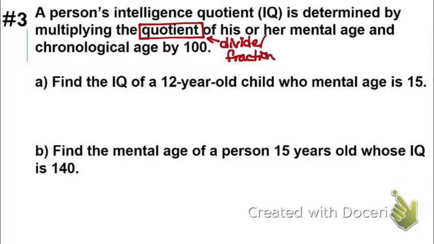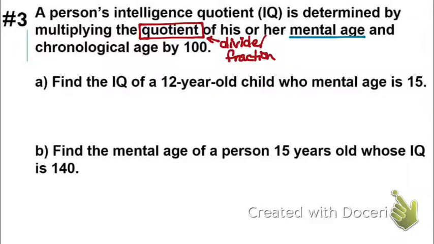When we are dividing, or I have a fraction, it's really important that I know which piece is the numerator and which piece is the denominator, because if I switch those around, that's really going to affect my answer. So the quotient of what? Their mental age. Would that be the numerator or the denominator? The numerator.